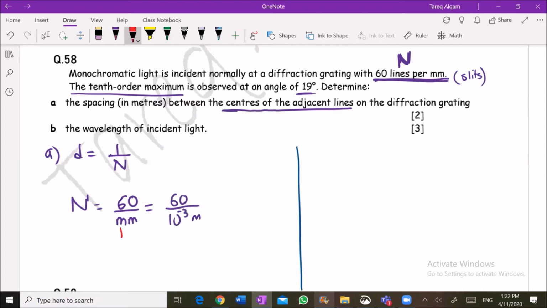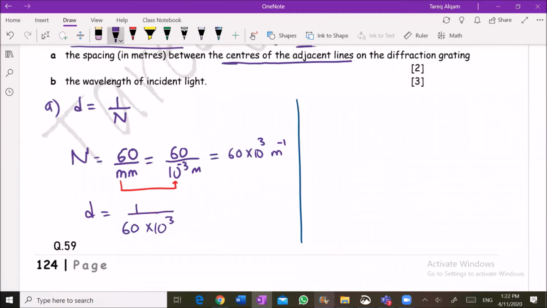Instead of milli, I have to replace it by 10 to the power negative 3. This becomes meters to the minus 1. This is N. Now d equals 1 over N. Z, could you please find the answer? 1.7 times 10 to the power minus 5. Guys, this is the separation between adjacent slits.